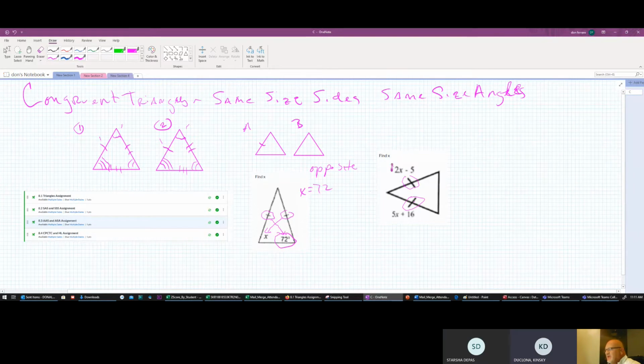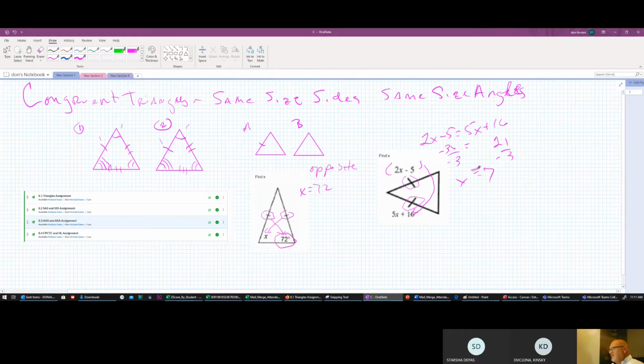So essentially, this here is going to be equal to this. So I say 2x minus 5 is equal to 5x plus 16, right? So if I move the 5 over to this side and move my x's over to this side, I've got 21 there and negative 3x, divide by negative 3 on both sides, and I get x equals, I just want to make sure that I'm doing this correct, negative 7, okay?